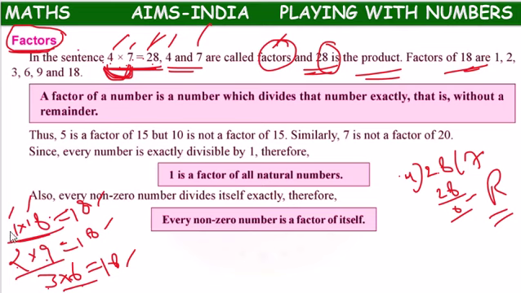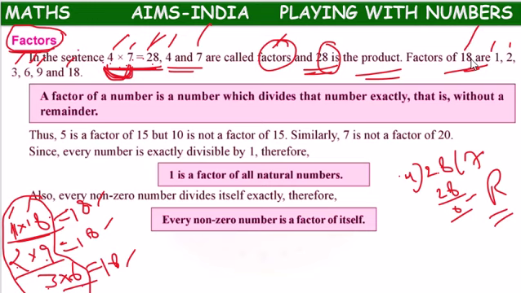So if we start from 1, then 2, 3, 6, 9, 18. These 6 numbers are involved in the product of 18. So these 6 numbers are considered as factors of 18.